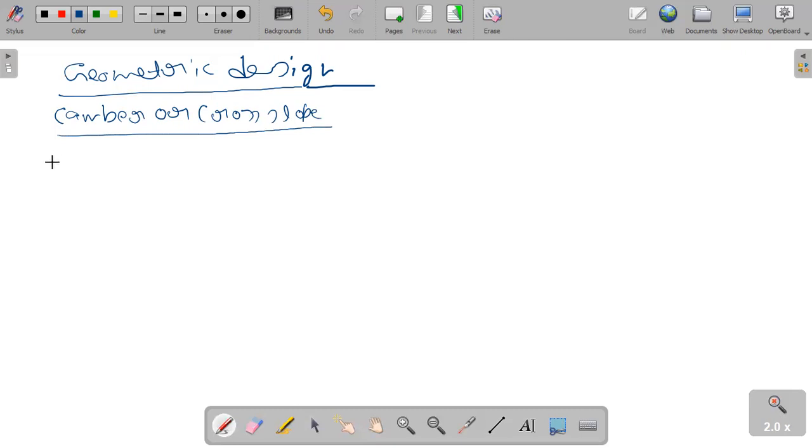In camber or cross slope, there is a specific table which will help you solve numericals. It lists surface type and camber.